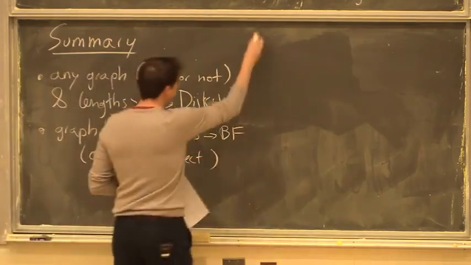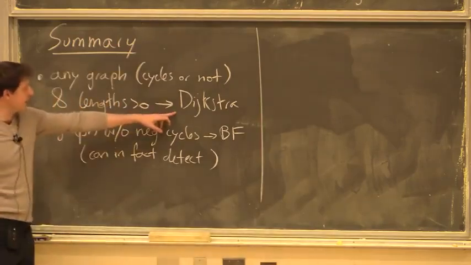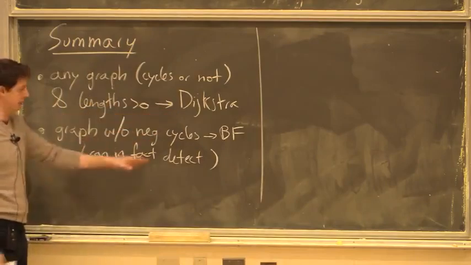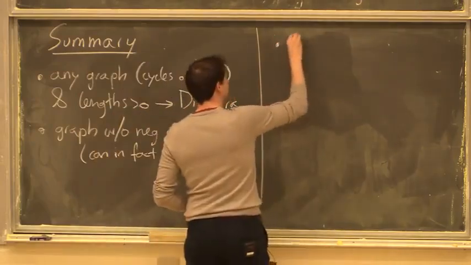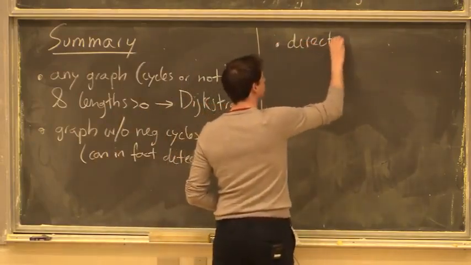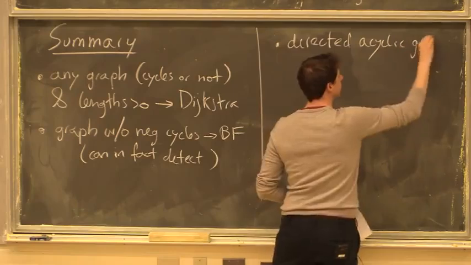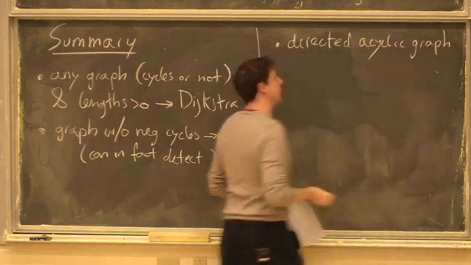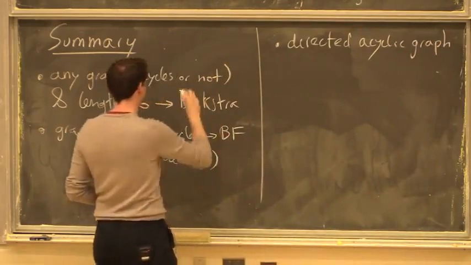There's actually a class of graphs for which you can do even better than Dijkstra, okay? Using pretty much what we've learned from Bellman-Ford, and that is the case of DAGs. So if you have a directed acyclic graph, then we can, so I should probably put the times here.